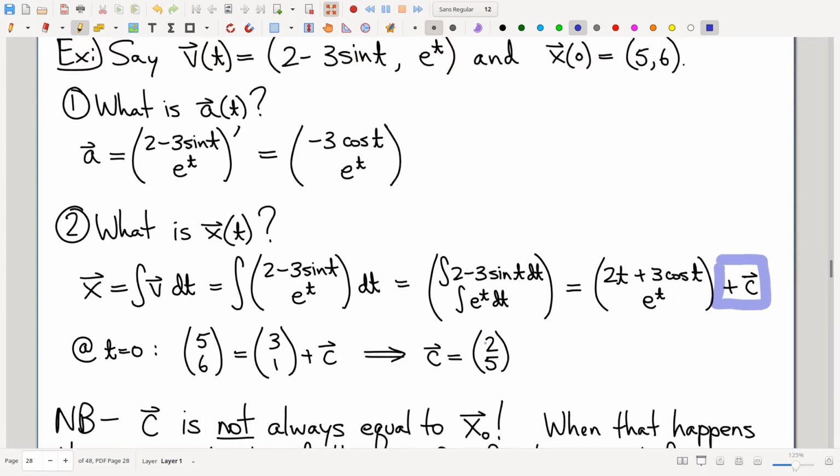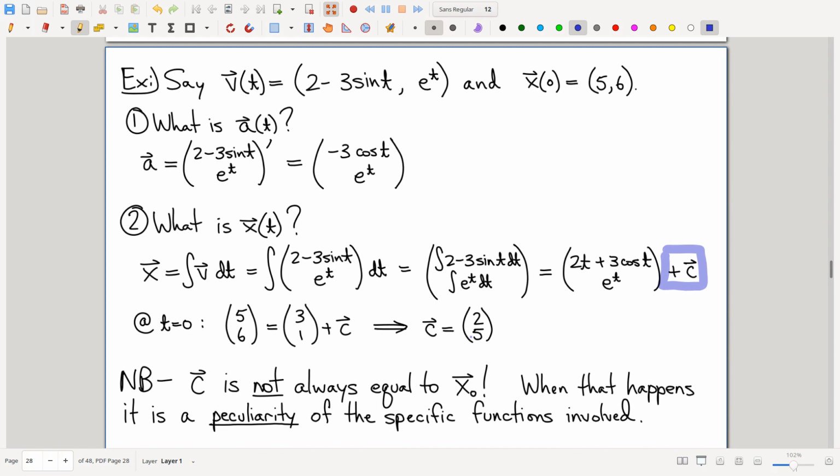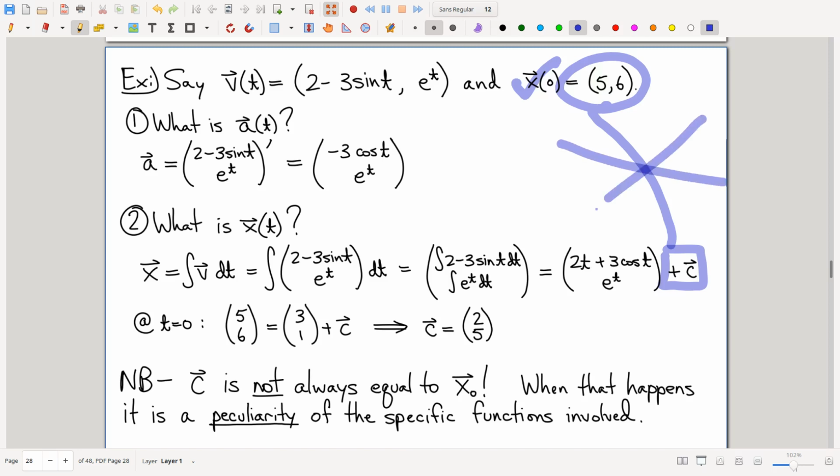Let's see here. Here we go. A lot of students mistakenly think that the plus c is always whatever the initial condition is. Very common belief. This is wildly nonsensical.